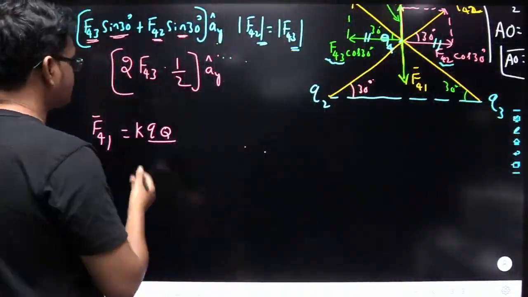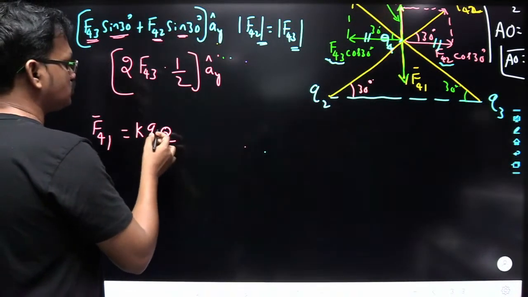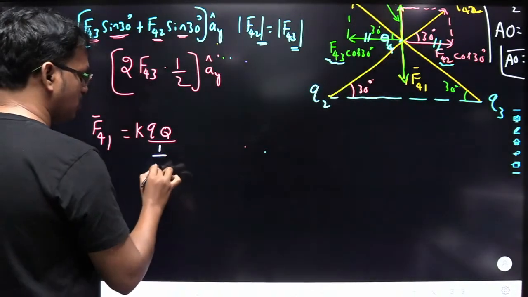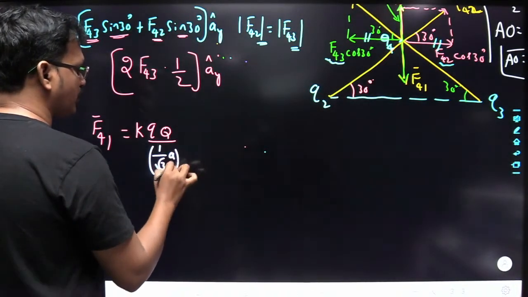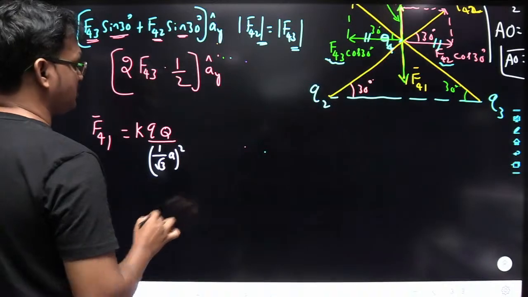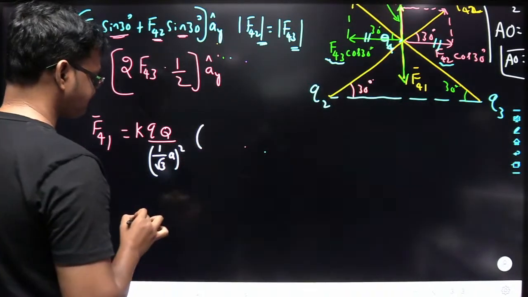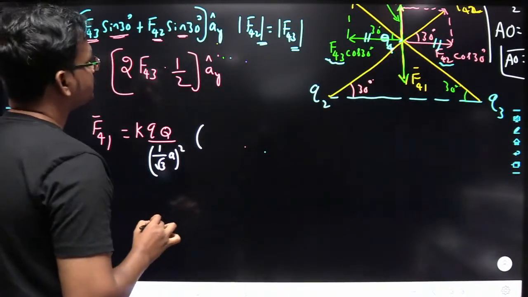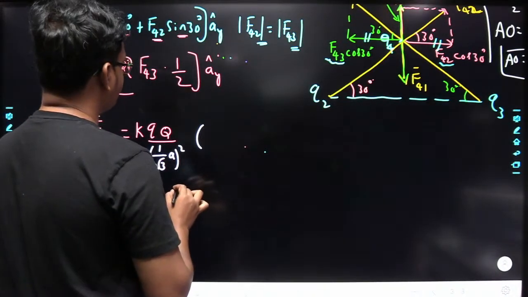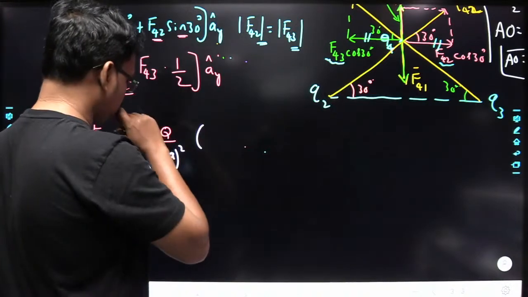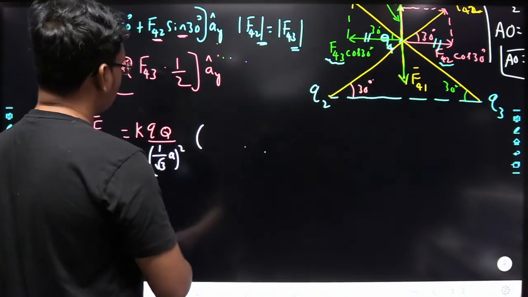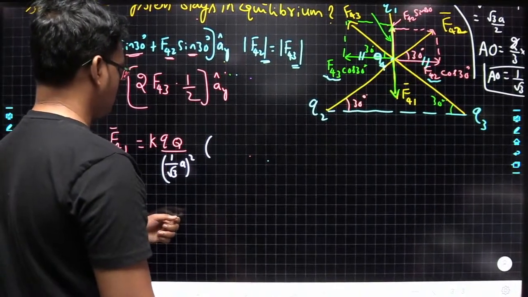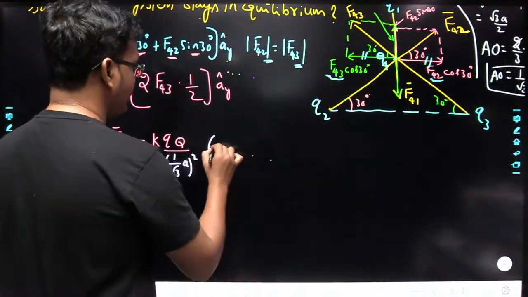Now substitute that here: K Q into capital Q divided by 1 by root 3 A whole square. Which direction is it pointing? It is pointing in the negative y direction.